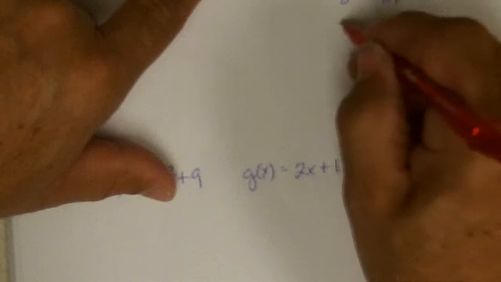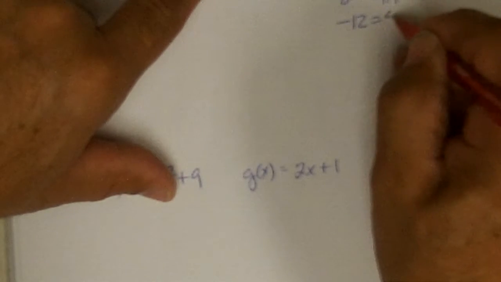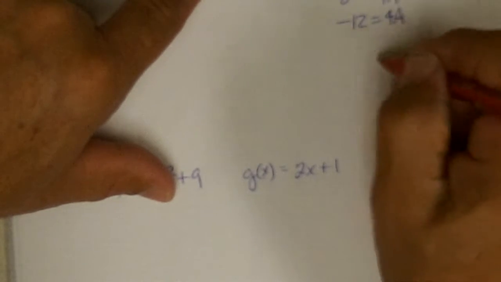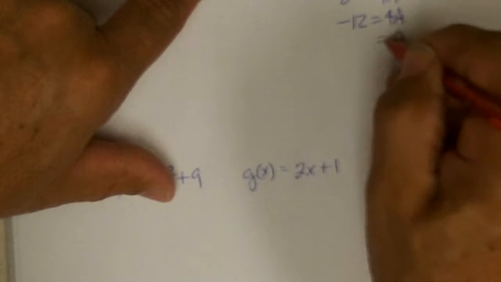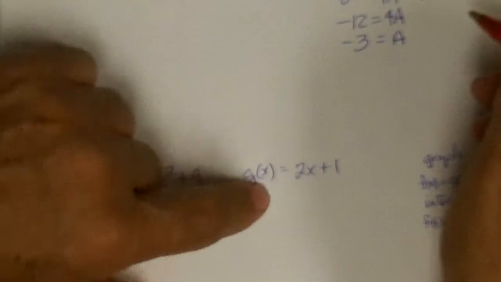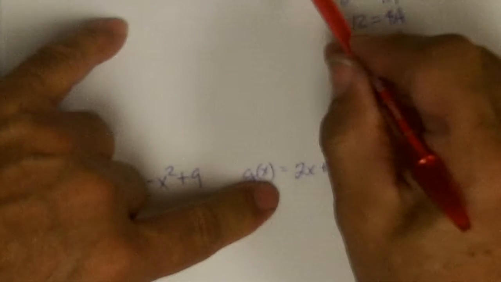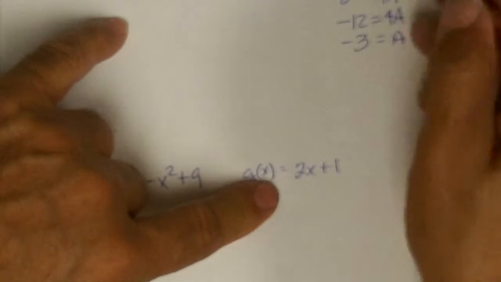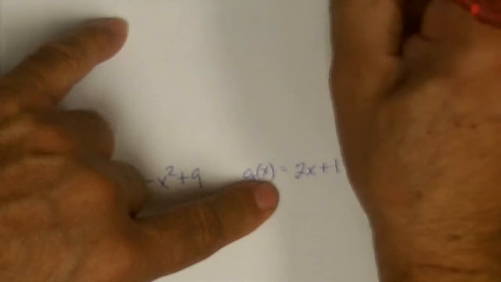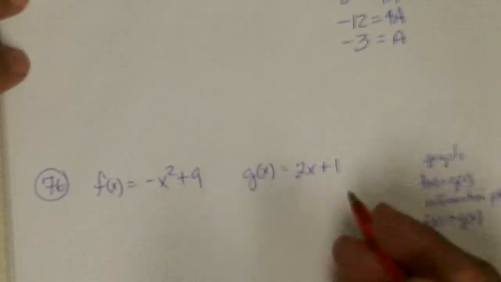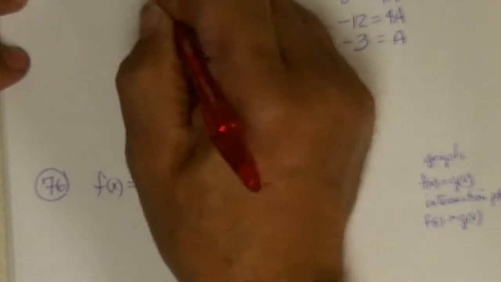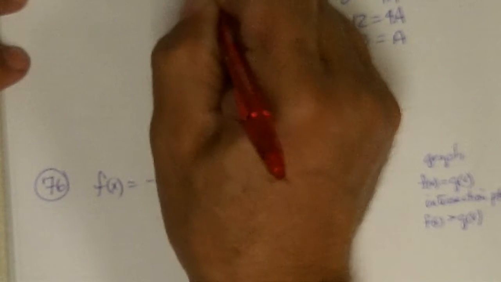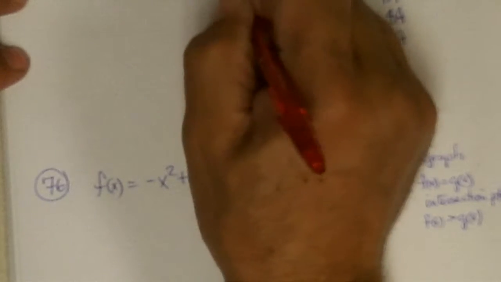Subtract 4 from both sides and divide by 4. So now I can finish this equation back here because I now know what a is. It's -3. So I have this equation, f(x) = -3(x - 1)^2 + 4.